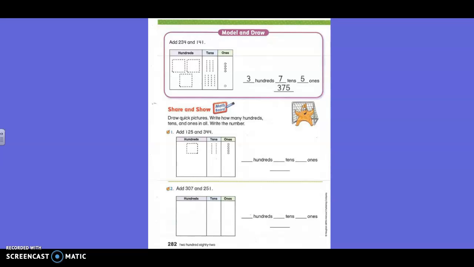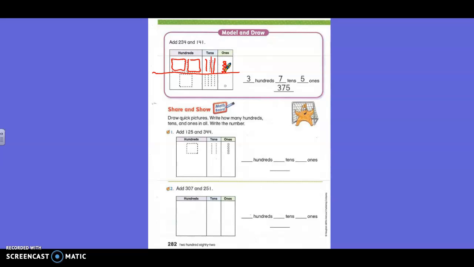Okay. Now they want you to add 234 and 141. Okay, so how they did this, boys and girls, is they drew, for 234, 2 100s, and 3 10s, I'm sorry, 3 10s, and 4 1s.